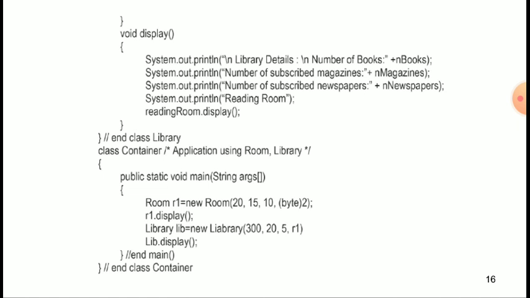Starting curly brackets, public static void main, String arguments, starting curly brackets, Room r1 equals new Room(20, 15, 10, byte 2), r1.display, Library lib equals new Library(325 and r1), lib.display, end of main and class Container.